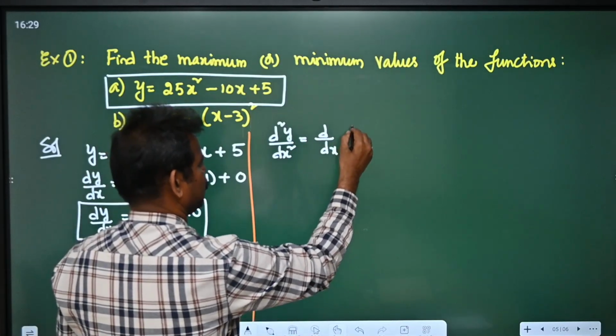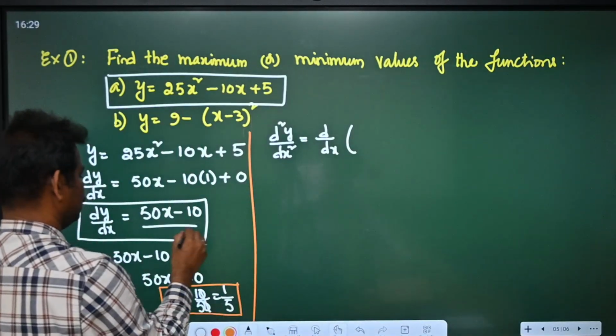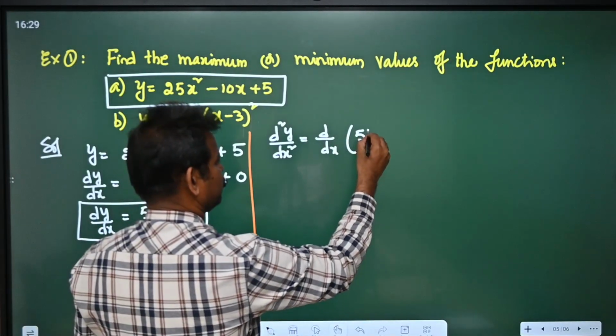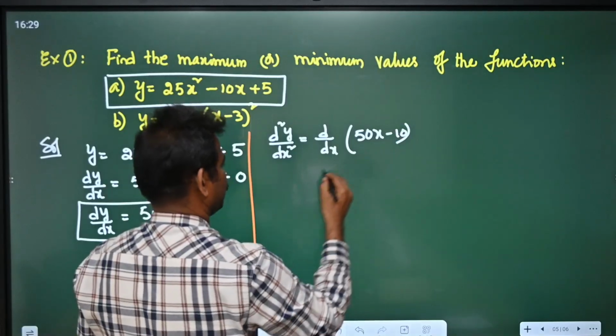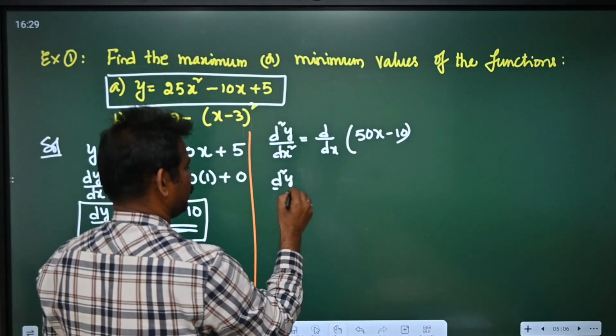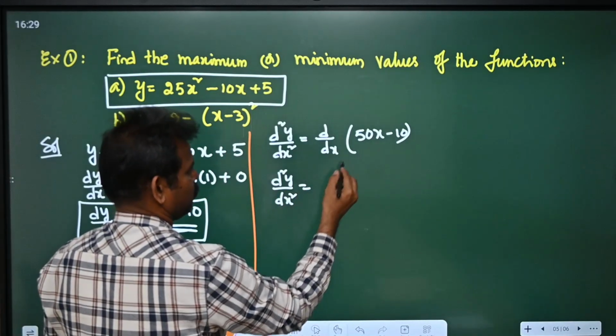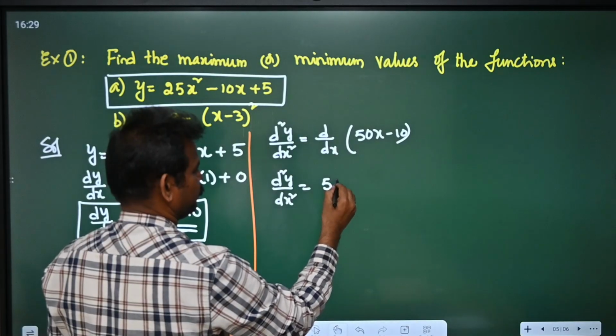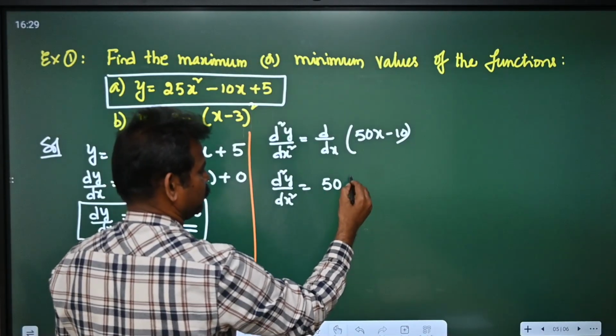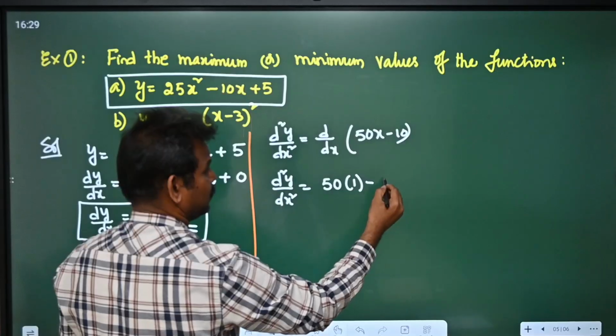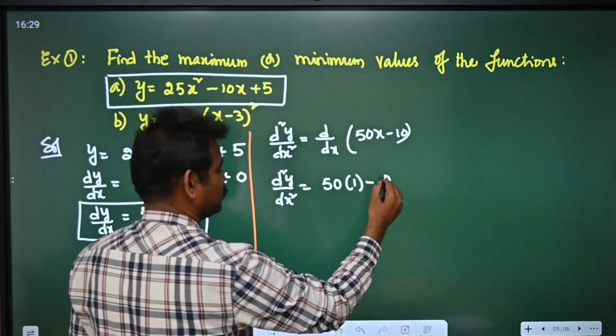This is nothing but d by dx of dy by dx, this is 50x minus 10. So d square y by dx square is equal to 50x is 50 and x derivative is 1 and 10 derivative will become 0.